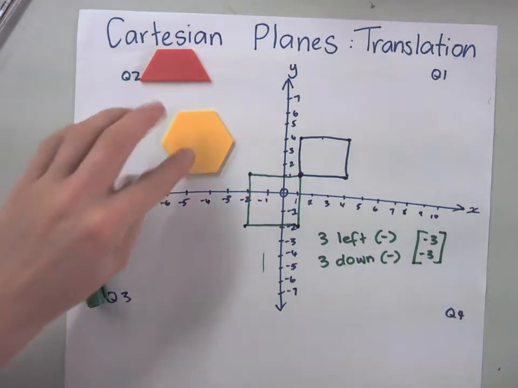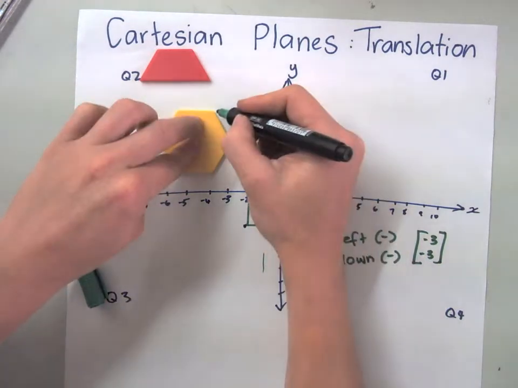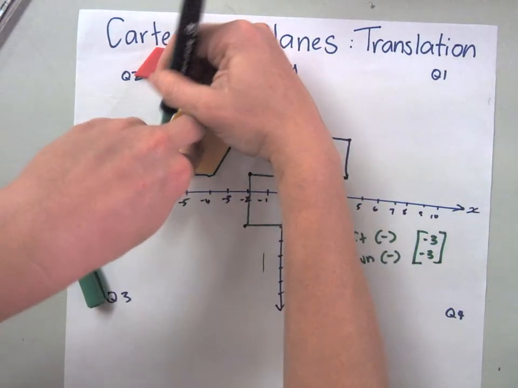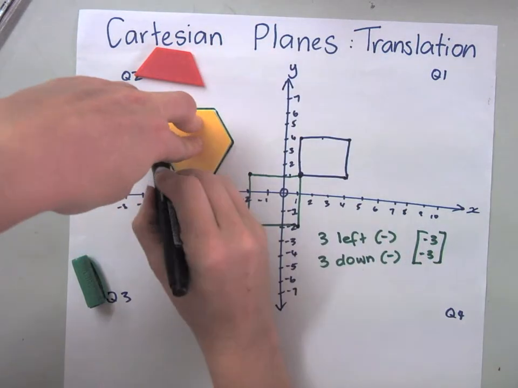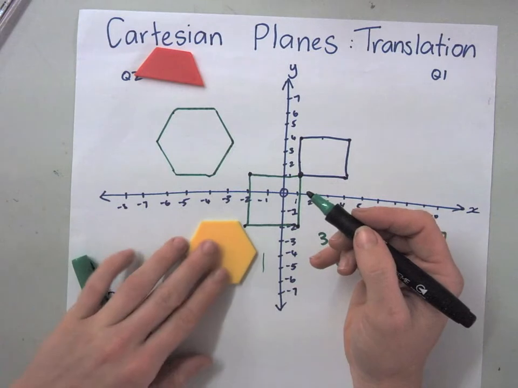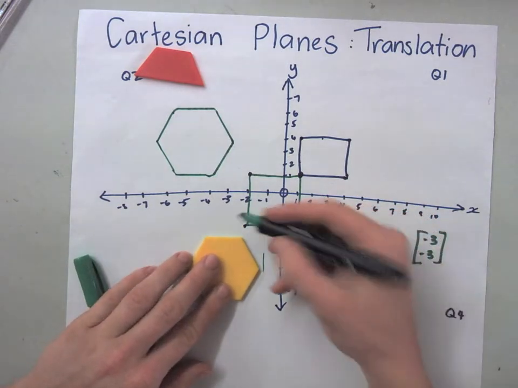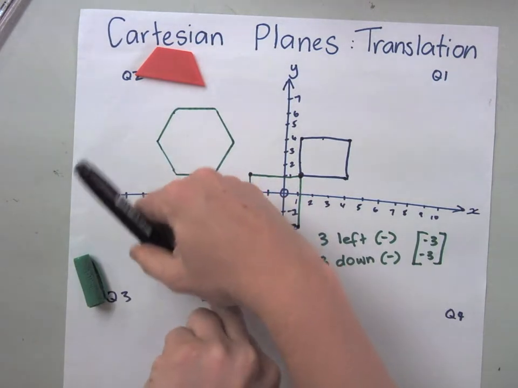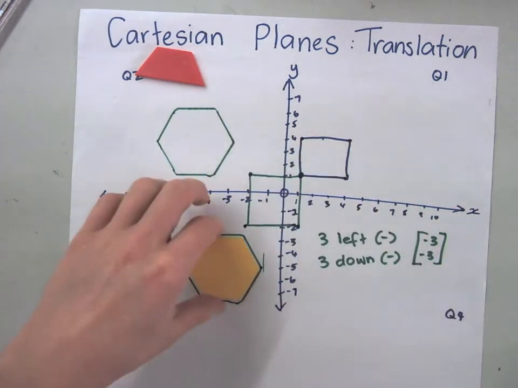And so I can just get that shape there. And I can translate that shape by simply moving the shape to a different section of the Cartesian plane. And then I can work out how many that shape has moved. So I'm just going to quickly trace around this hexagon.